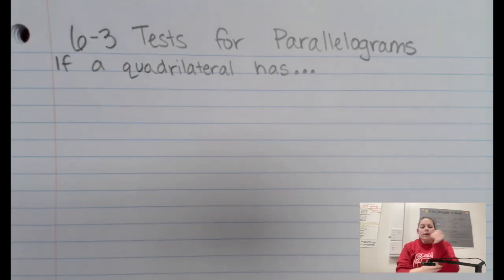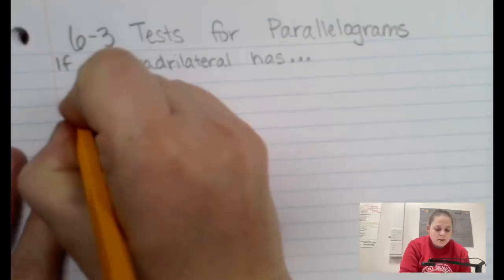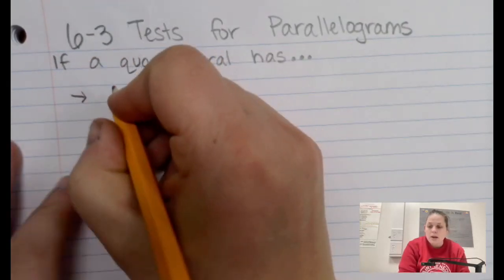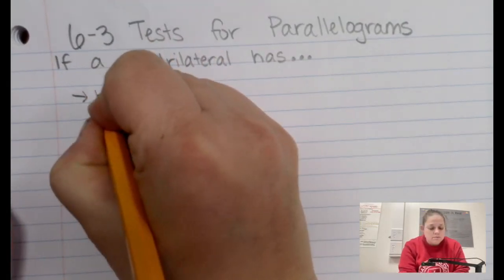Alright, so if a quadrilateral has, our first case scenario is both pairs of opposite sides are congruent.